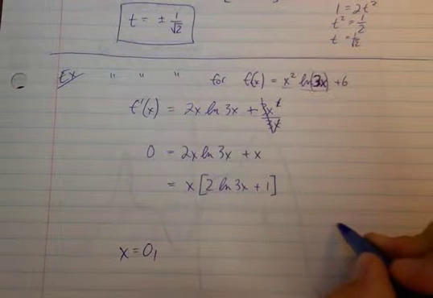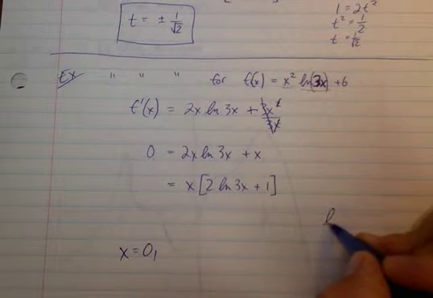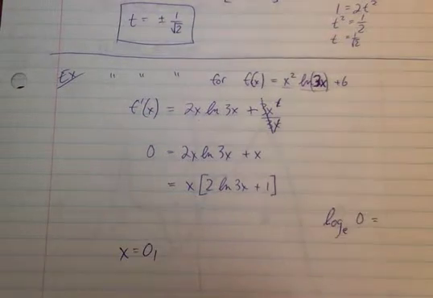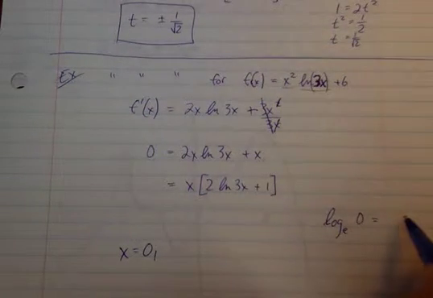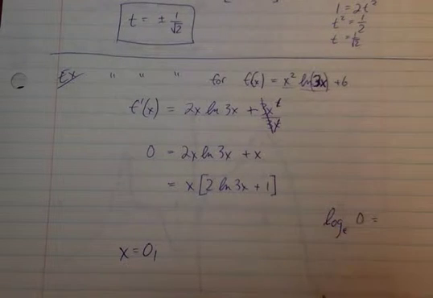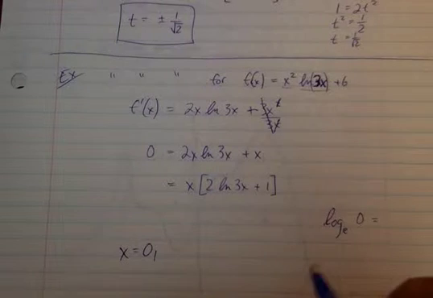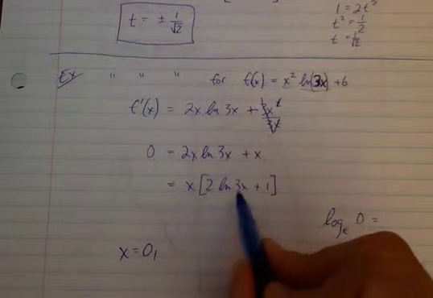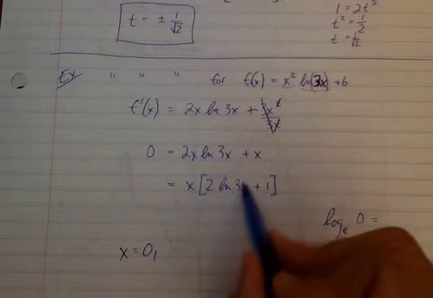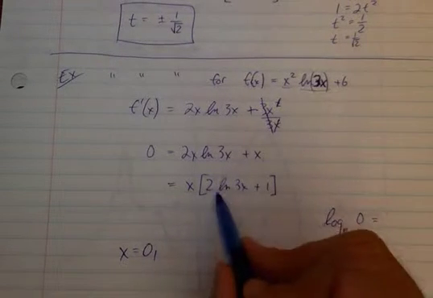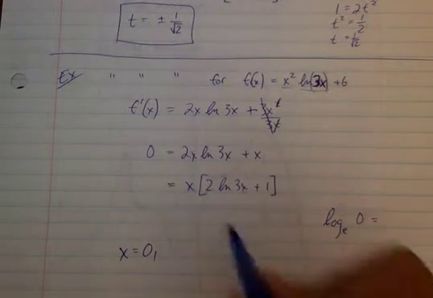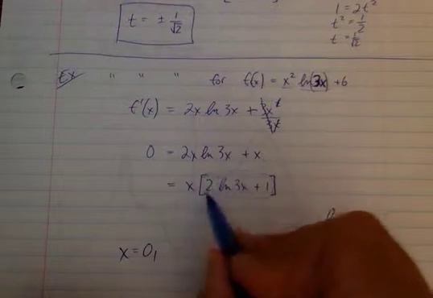If you have natural log, that's saying the log base e is 0. Well, it's saying e to the what power is 0? Well, it doesn't exist. So we can't get this to be 0. But let's see if we can get it to make this whole thing 0.